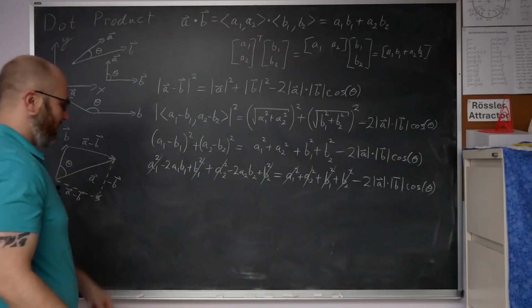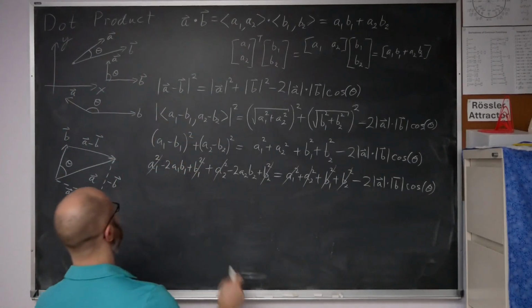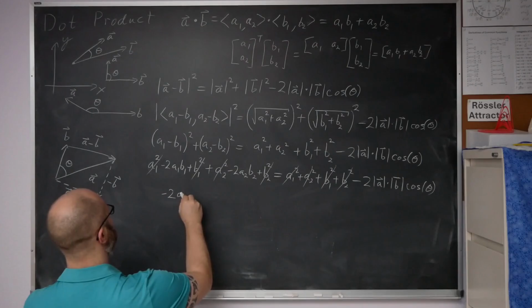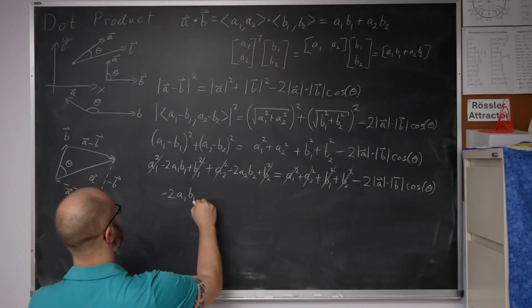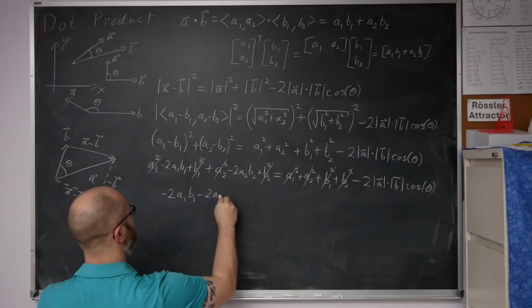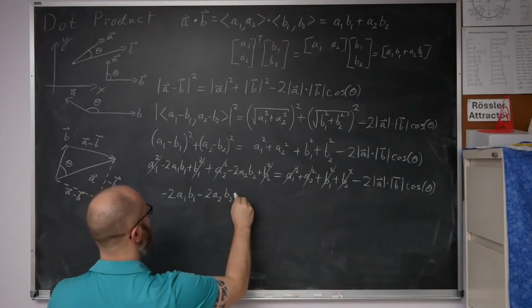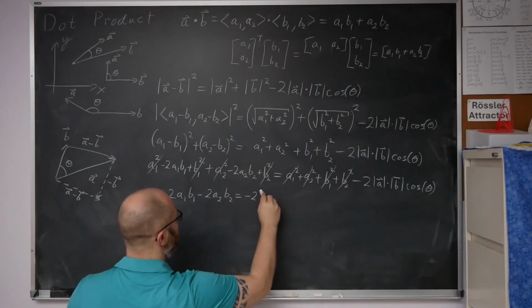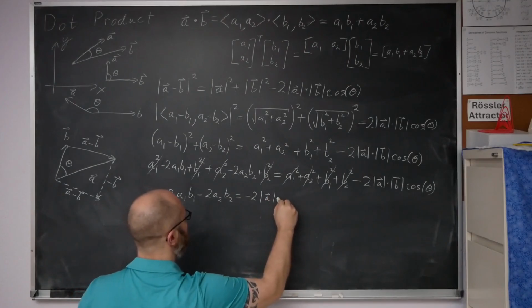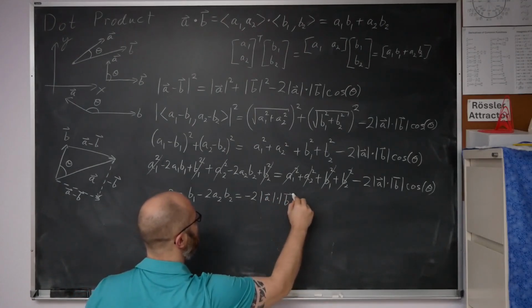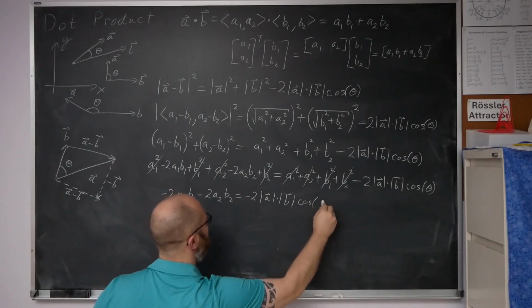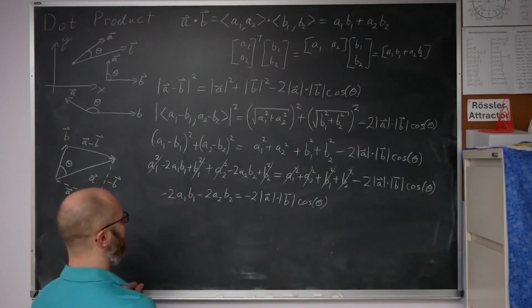So what we're left with is negative 2 A1 B1 minus 2 A2 B2 equals negative 2 times the magnitude of A times the magnitude of B times cosine of that angle.